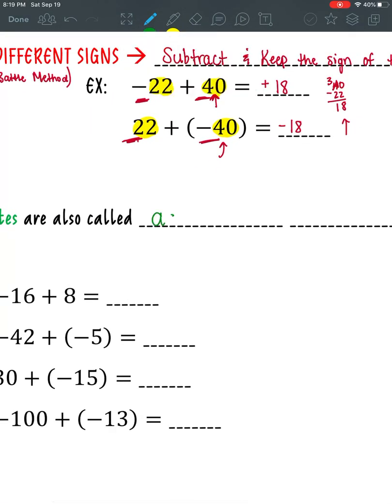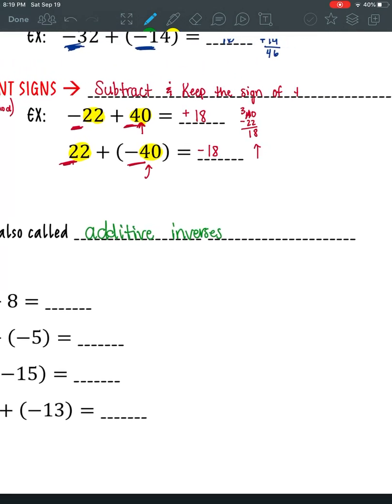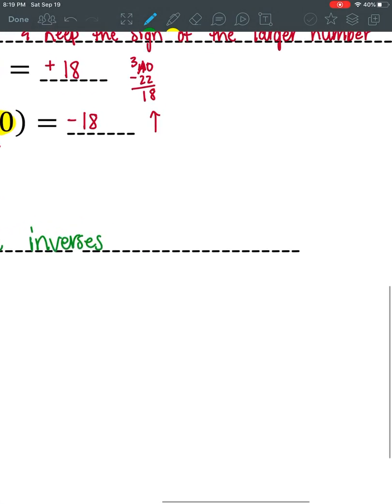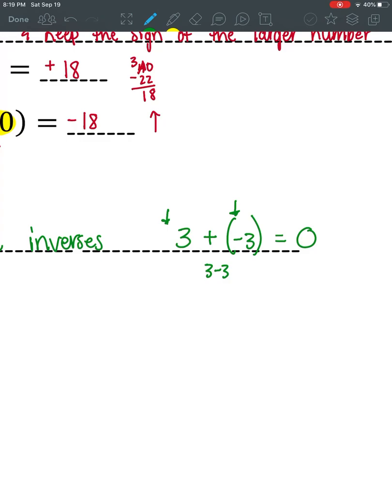So what we're doing here is we're using opposites. Opposites are also called additive inverses. Okay, so for example, if we had two numbers that are opposite, something like 3 plus negative 3, we see we have a positive number, we have a negative number, so when we add them, we actually have to subtract them.